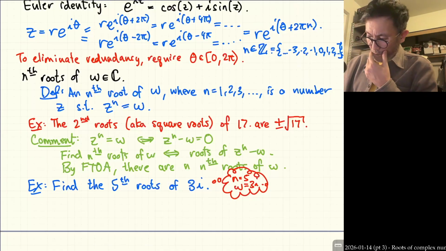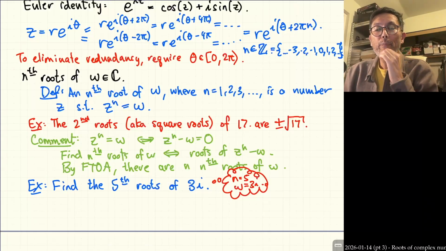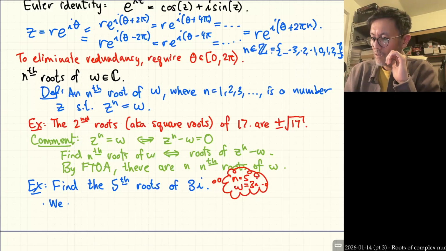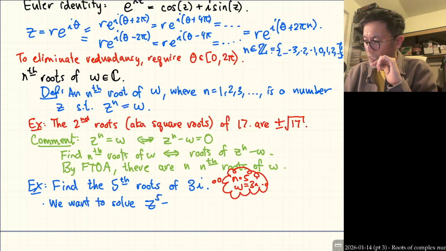Okay, well, how are we going to do this? I think a good first move is to imagine, let me write this. We want to solve z to the fifth equals 3i, right?